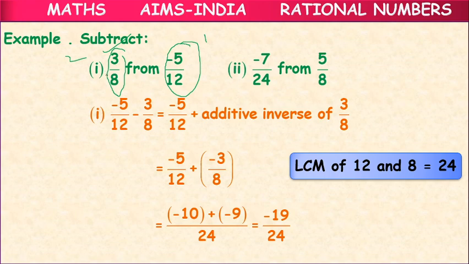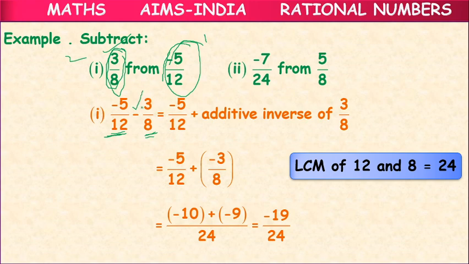We should not write 3 by 8 first. According to the question, subtract 3 by 8 from minus 5 by 12, so minus 5 by 12 we take as the first rational number and 3 by 8 as the second rational number.